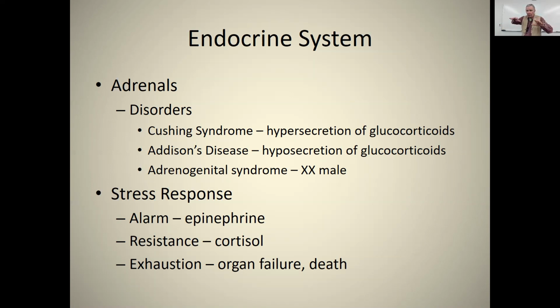And then you relax a little bit, but you're still under long-term stress, and then you've got cortisol. After a while, if you're under stress long enough, your organs start to fail because you start to run out of the storage molecules, and as cortisol, like I said, inhibits inflammation and inhibits immune response, the organs start to fail and it'll lead to death if the stress response lasts too long.